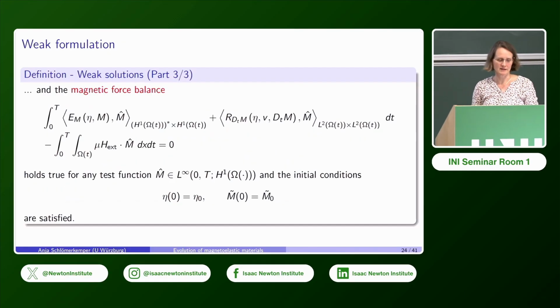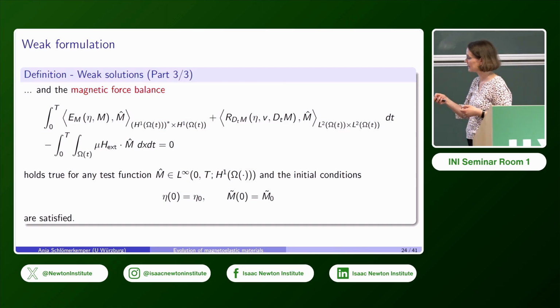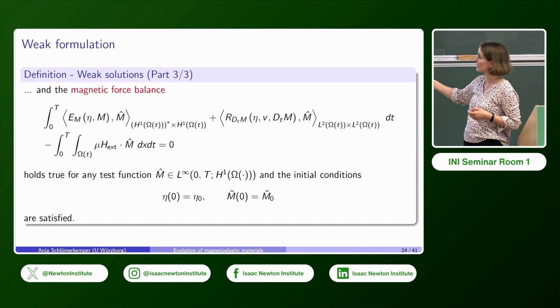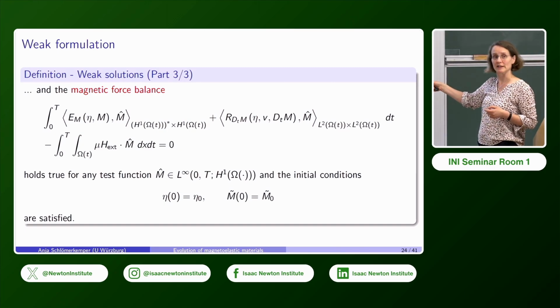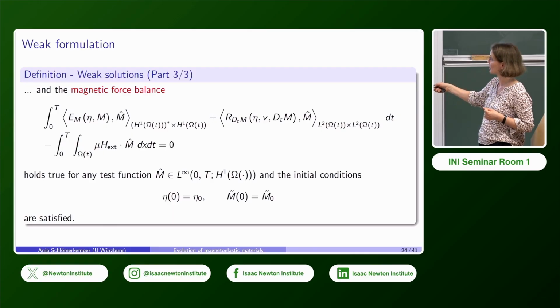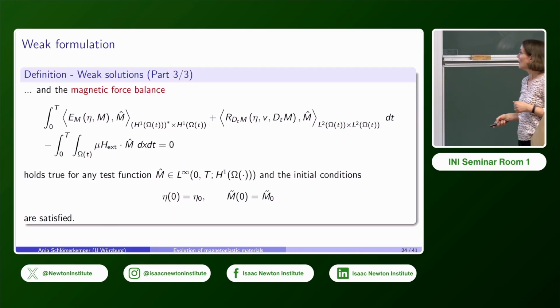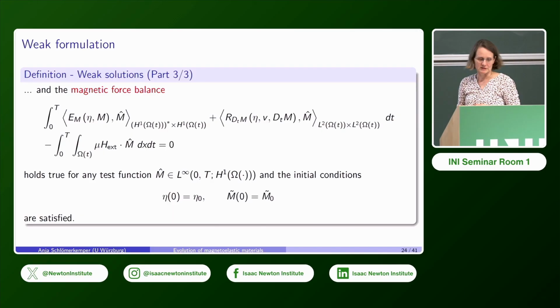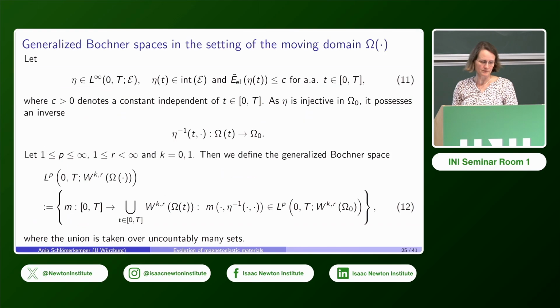Moreover, we have the magnetic force balance. Again, here we work with the variation of the energy with respect to m, and the variation of the dissipation function with respect to the time derivative of m, and some external forces. And we have initial conditions, and these are then satisfied. So if all of this is satisfied, we say that we have a weak solution.